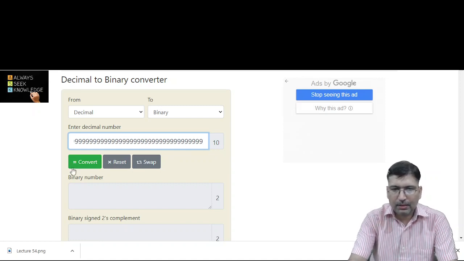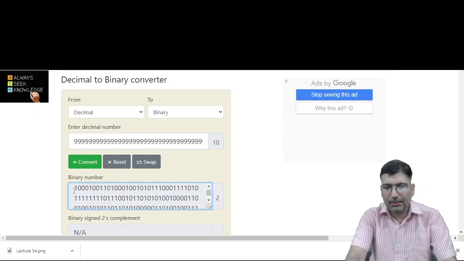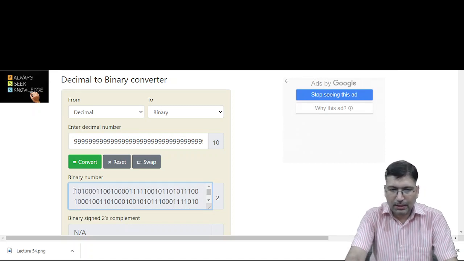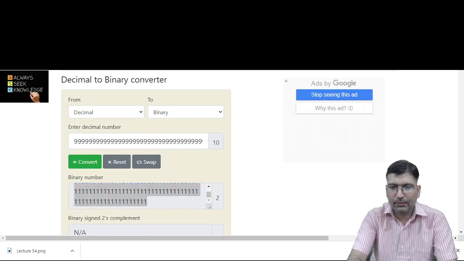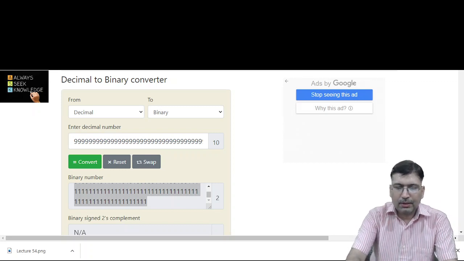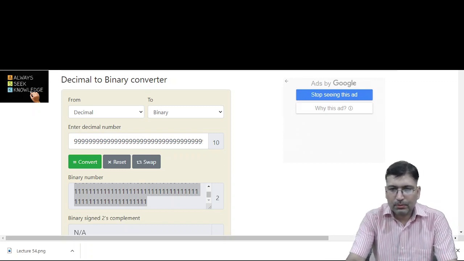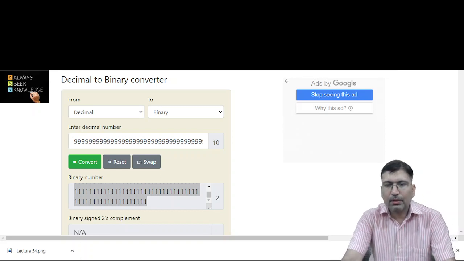Now when we convert from decimal to binary, it will give you this pattern. If you copy this pattern and try to find out how many bits there are, let's say I'm pasting it somewhere on another screen, and when you count the number of ones, you will get the answer to this question.